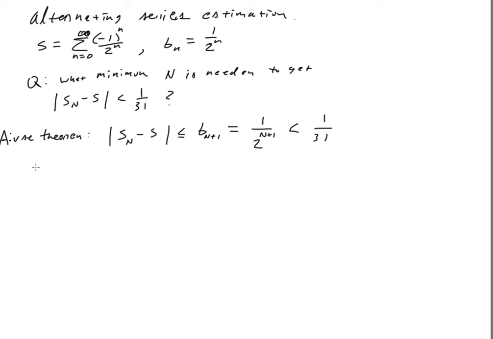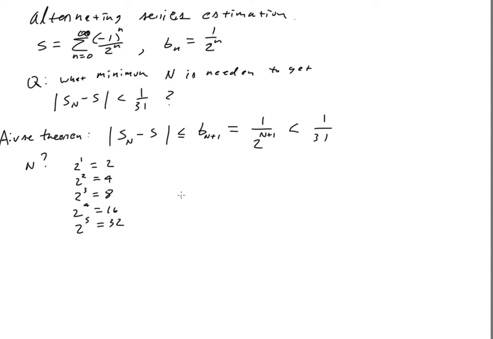So for this, I just have to find out what the n is. Let's consider a few possibilities. 2 to the 1 is 2. 2 to the 2 is 4. 2 to the 3 is 8. 2 to the 4 is equal to 16. And 2 to the 5 is equal to 32.